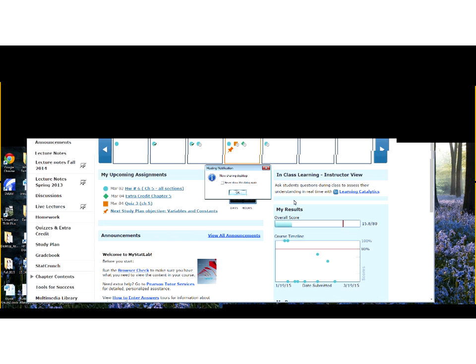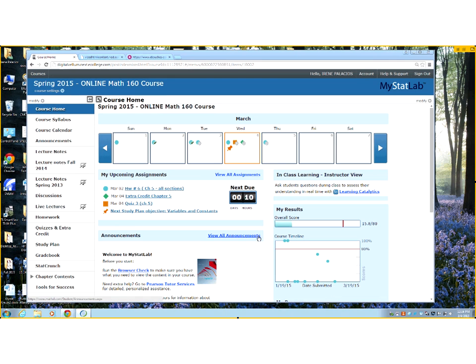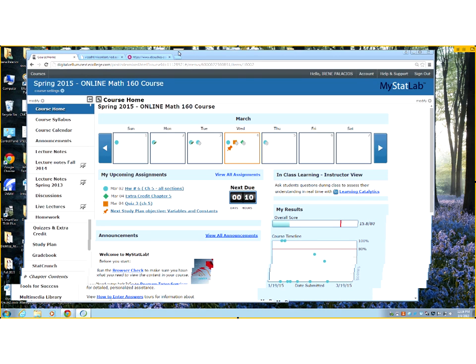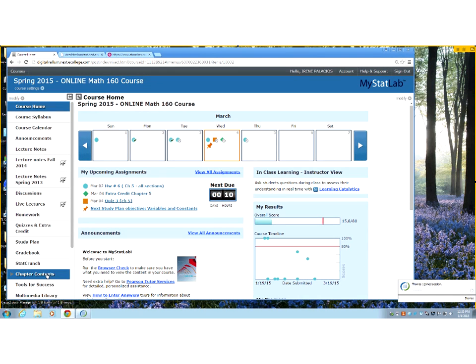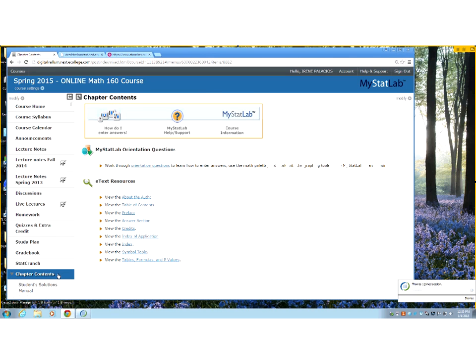Okay. So there have been questions about where I ended up getting those tables from. Remember that when you go to MyStatLab, you are going to go over to Chapter Contents towards the bottom. That's your ebook. When you click on that, you have to go to Tables, Formulas, and P-Values. That's one place you can go, and that's what I clicked.